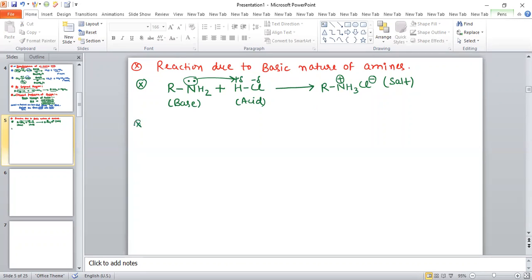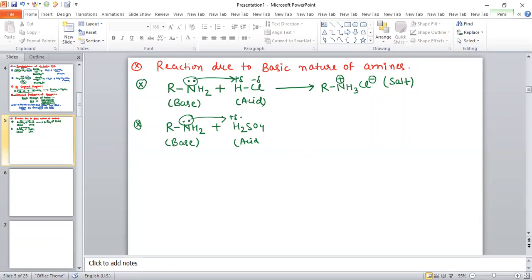In the same way, if there is RNH2, because nitrogen has a lone pair of electrons, it will behave as a base. When it reacts with an acid like H2SO4, which also has H positive ions, the lone pair attacks the H positive ion and again a salt is formed.